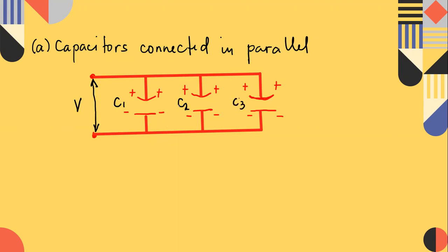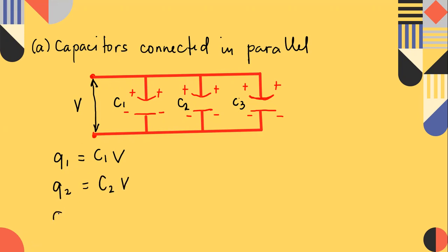Now, this one is capacitors in parallel. In finding the voltage, if the voltage is placed across the terminal, this one is the voltage. We have your Q1, the charge, is equal to C1 V. And for Q2, you have Q2 is equal to C2 times the voltage.